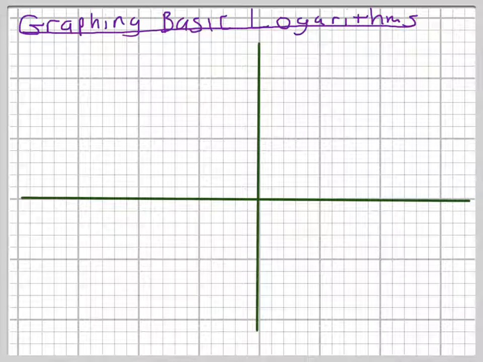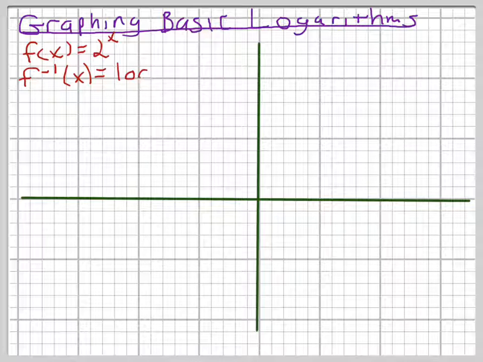So let's recall, we said earlier if f of x is 2 to the x power, then the inverse of 2 to the x, what a logarithm is, again, it undoes an exponential function. So the inverse function of 2 to the x is log base 2 of x.